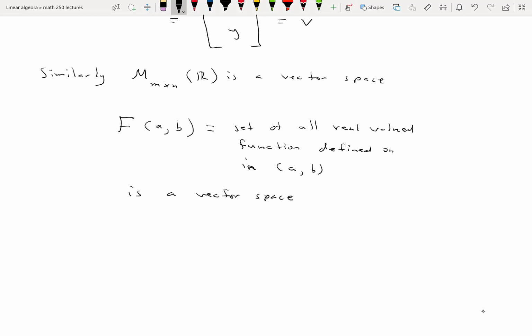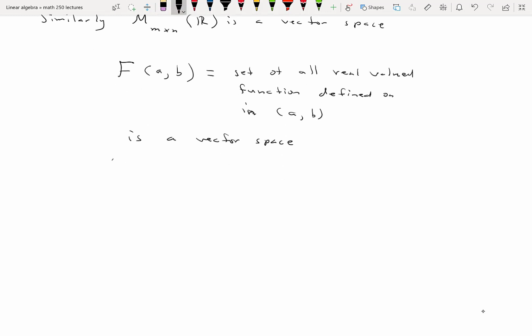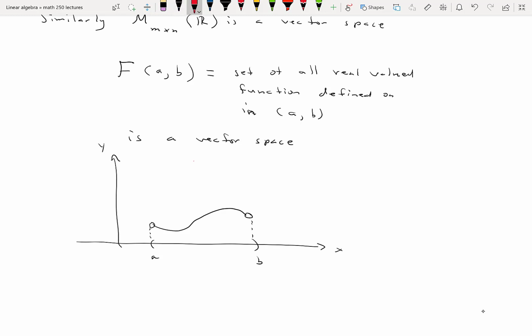Okay. What is that set F? Well, it's a huge set. Here's the open interval (a,b). I'll draw a few elements or vectors from this space. Here's x, here's y, it's defined on an open interval. Here's another one, I'll draw another one in red.